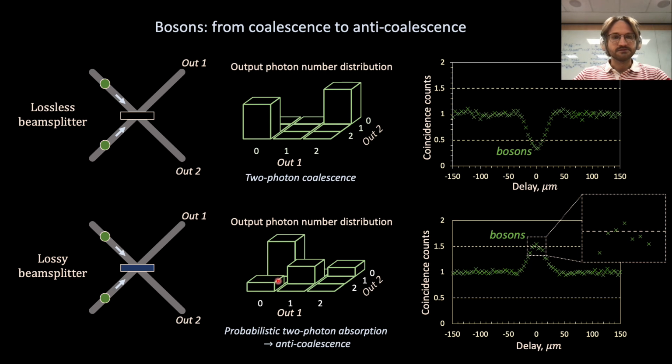And if they do so, they can be found with a small probability at the same output port, port 2 or 1, but with a high probability they will be found in different output ports, and this results in the observation of the peak in coincidence counts measurements. And here we zoom in and show that we crossed the classical limit.